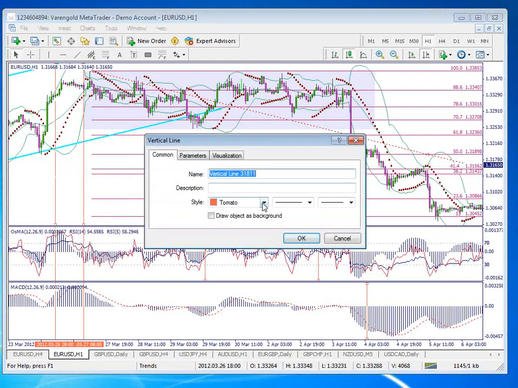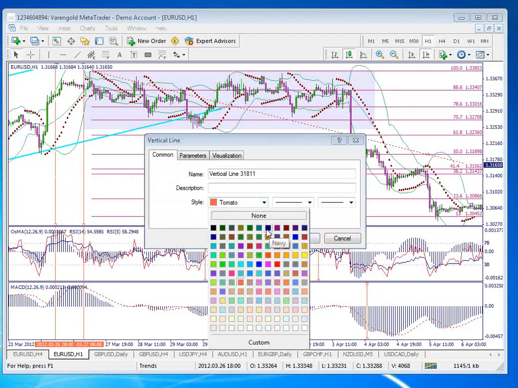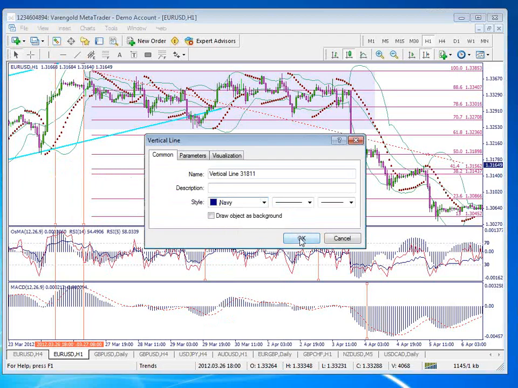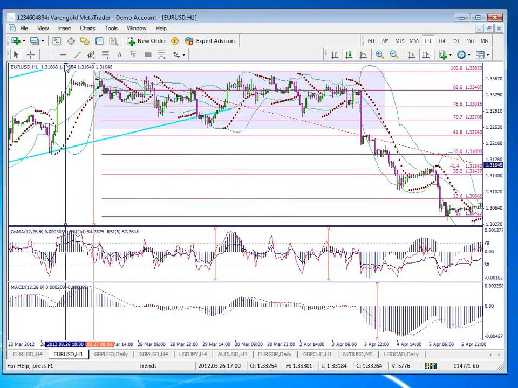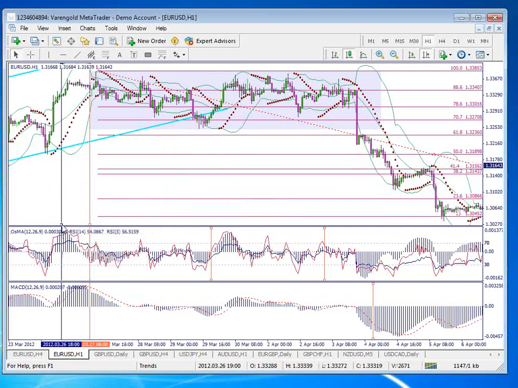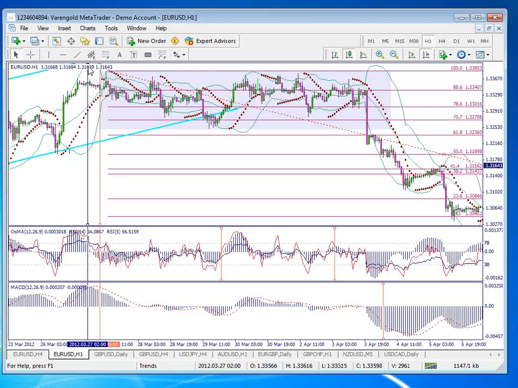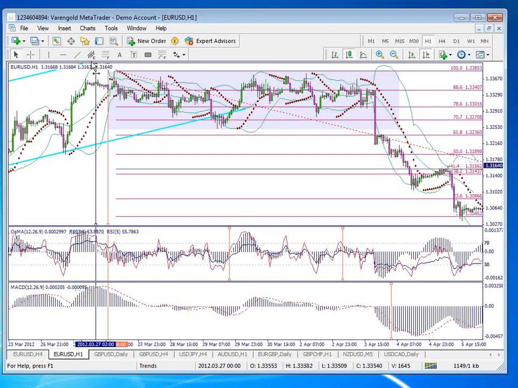This one I will make navy, and on 1 hour we can see that the signal was at this point. I have to move it 1 or 2 bars more. Also, the signal is confirmed by MACD.